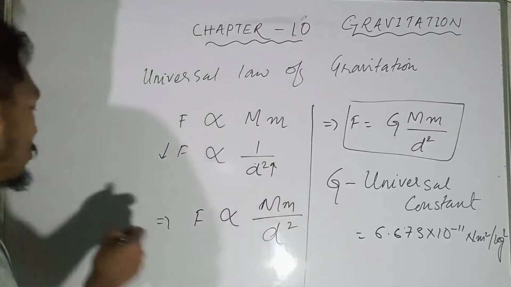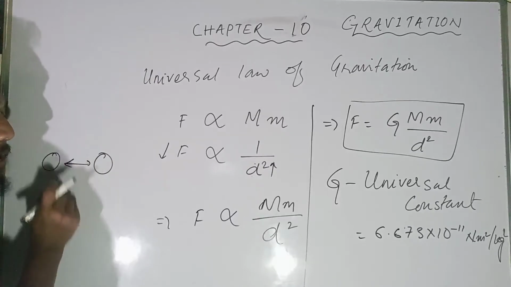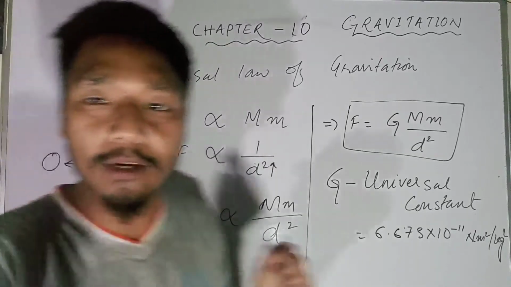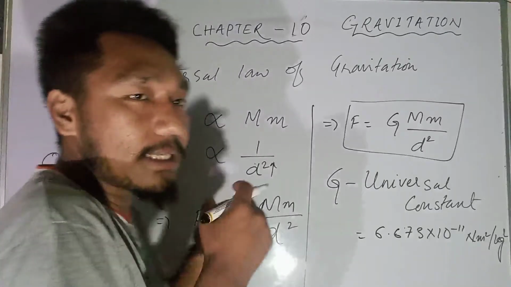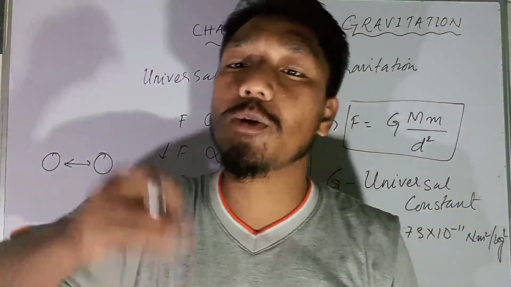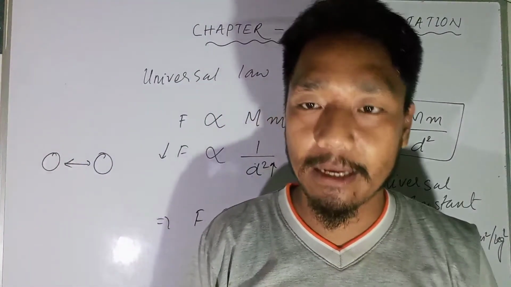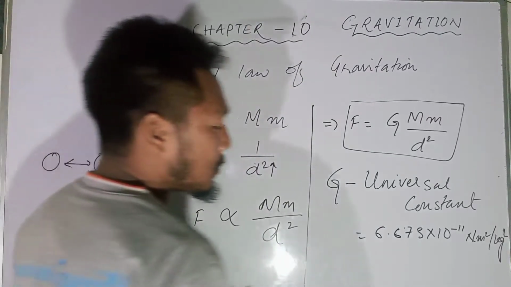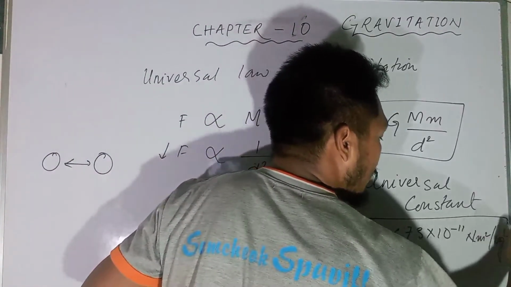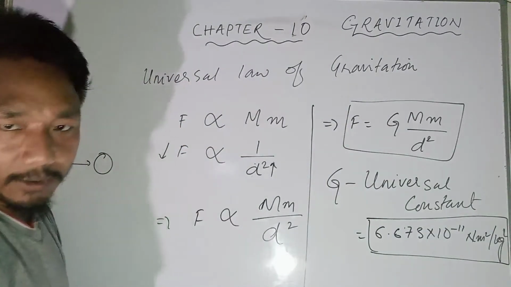That means if the distance between the two objects increases, then the force will reduce. If the distance remains the same but their masses increase, then the gravitational force also will increase. That is what it says. Don't forget this universal constant.